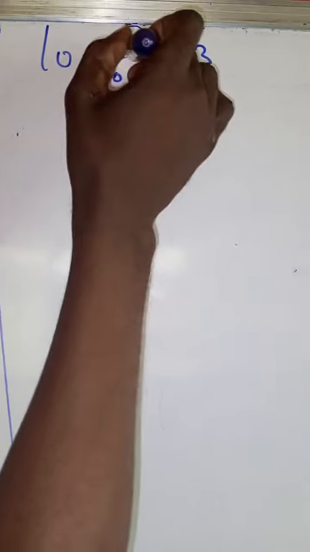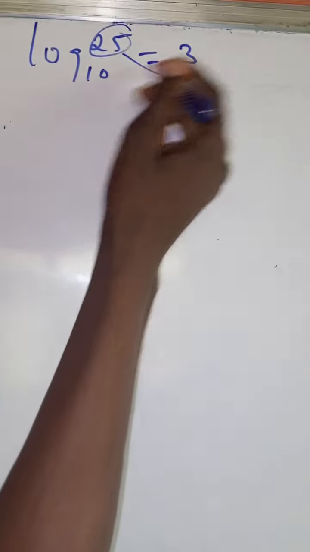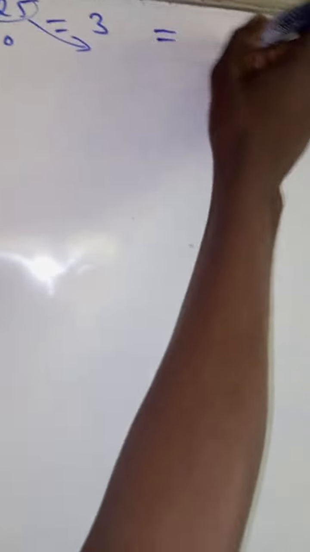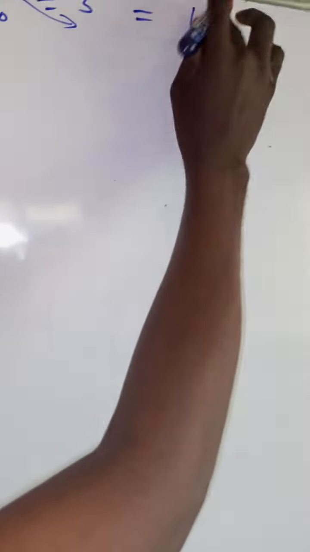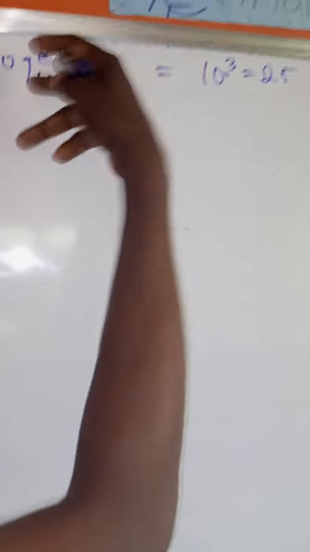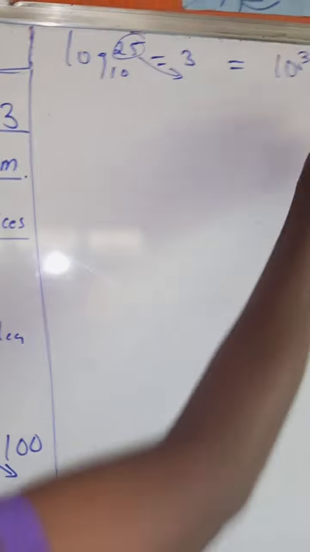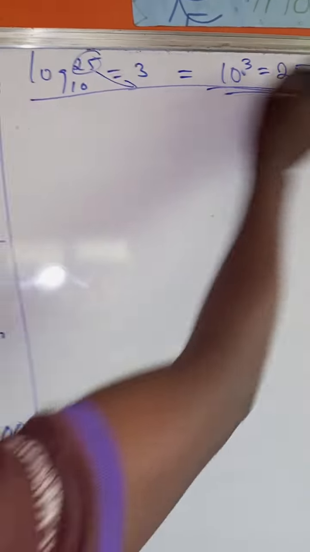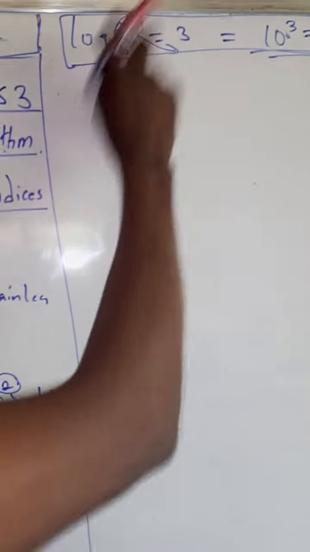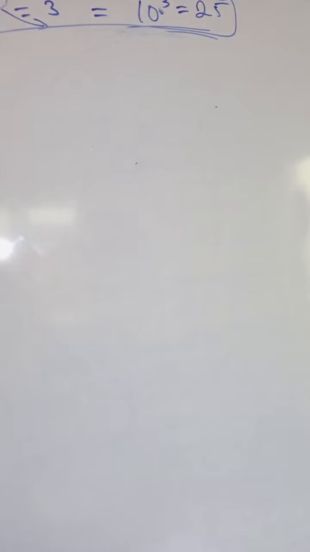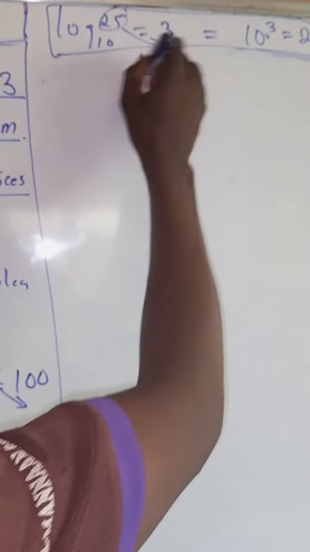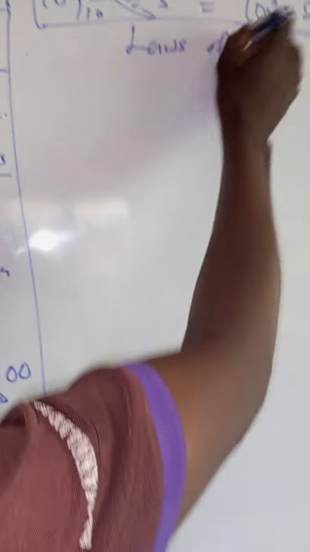So this will move and this will be the power of this. So it's the same thing as saying 10 raised to power 3 will be equal to 25. I'm not saying the theory is correct, but I'm just showing how to convert it. Then from here, we move to laws of what?